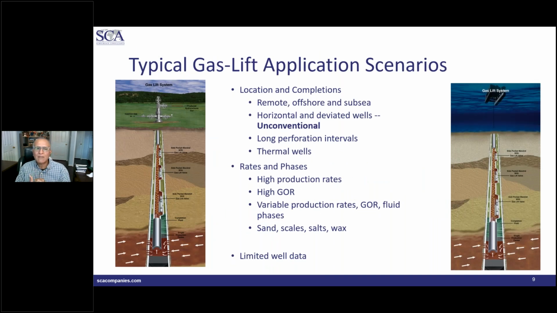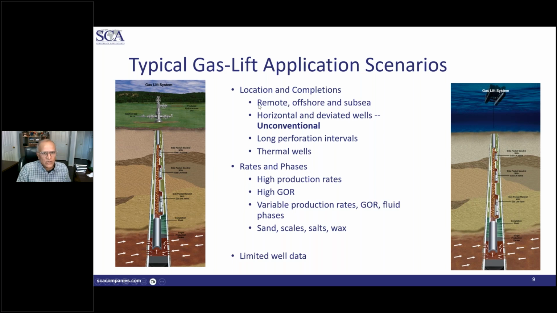When we look at the applicability of the gas lift, it is applied across the board in any type of asset as long as you have sufficient quantity of gas available. And lately in unconventional places and deep water places, gas lift is more and more preferred. And that is another takeaway for you from this short webinar.